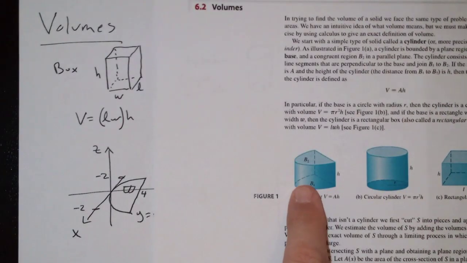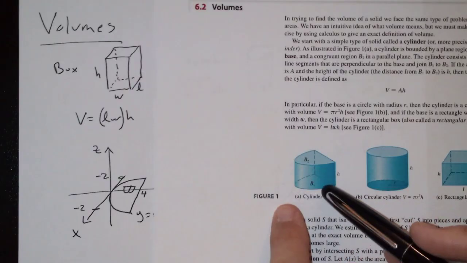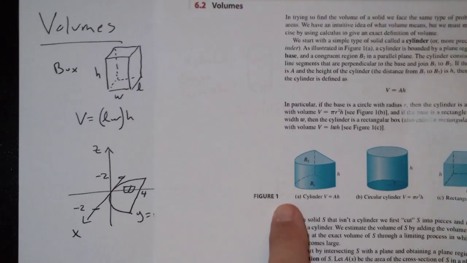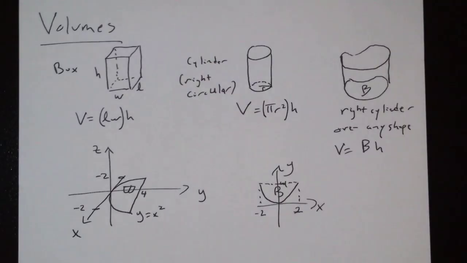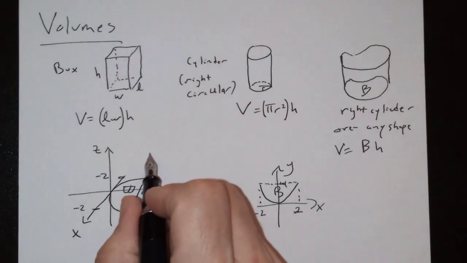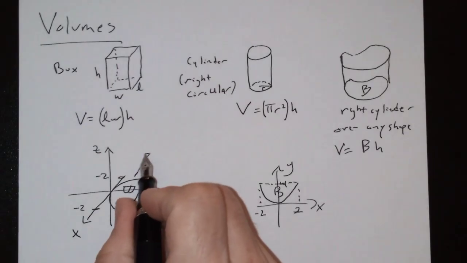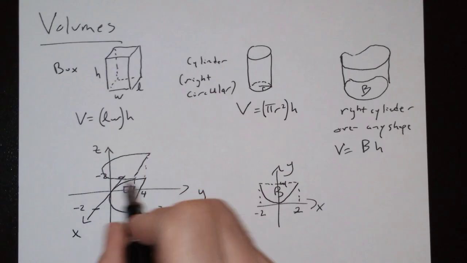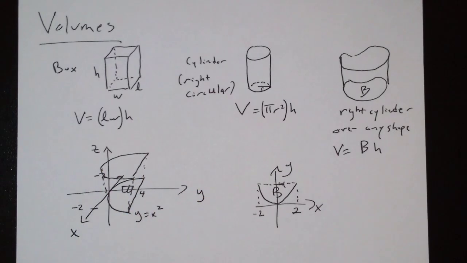There's my cylinder whose base is a parabola. I promise I'm a really crap artist. So that's why I really want you to see the picture in the textbook as a better image.